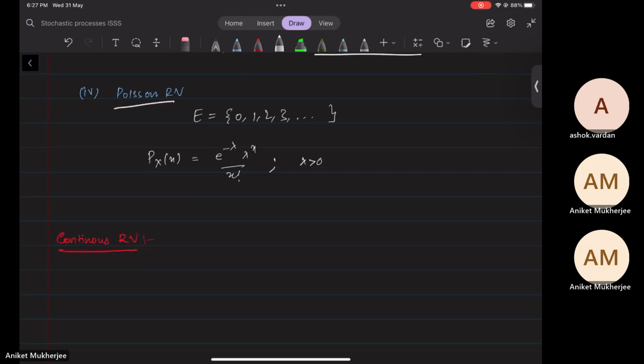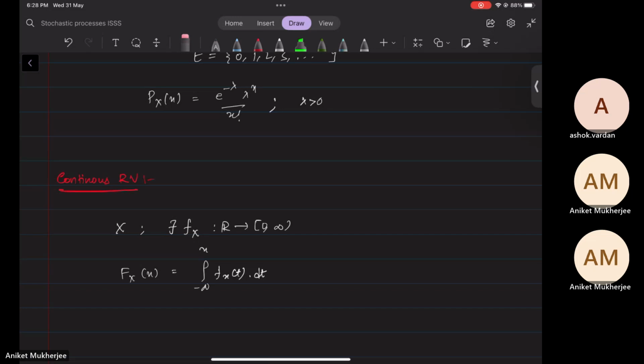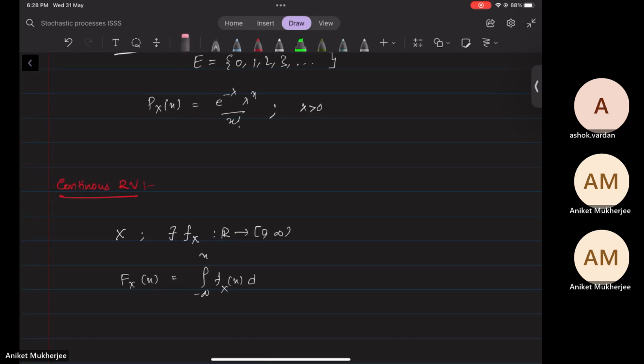A random variable X is said to be a continuous random variable if there exists a function f_X, which maps from the real numbers to [0, infinity), such that the distribution function can be defined by integrating it up to x, for all x belonging to the real numbers.